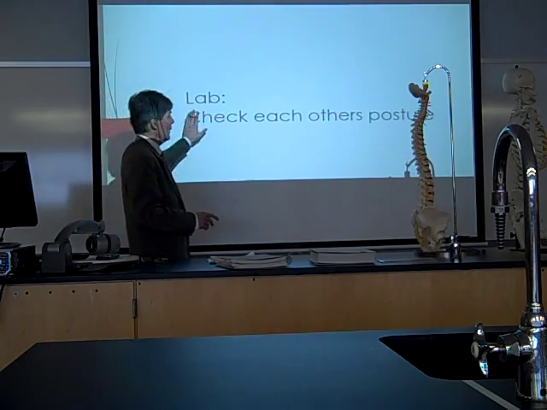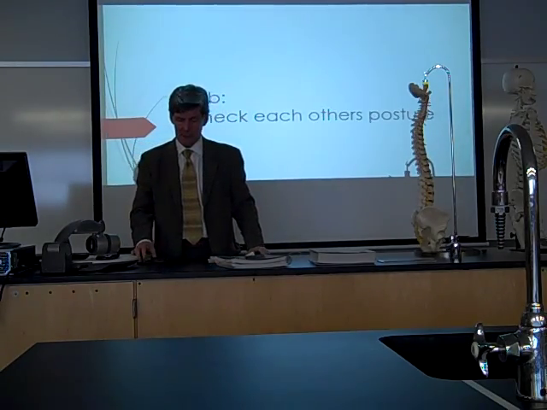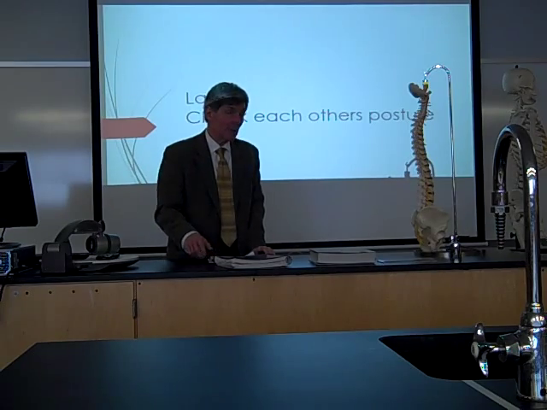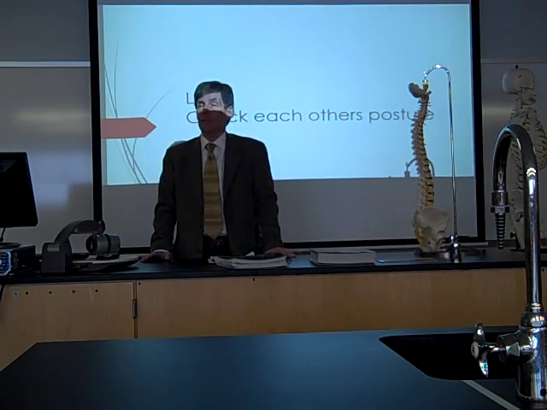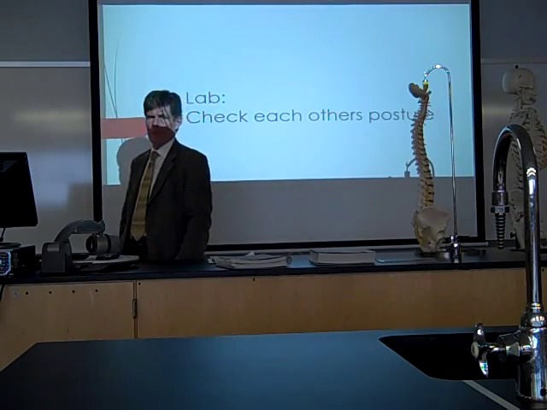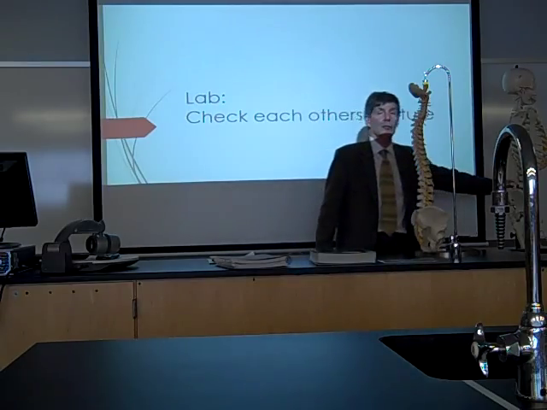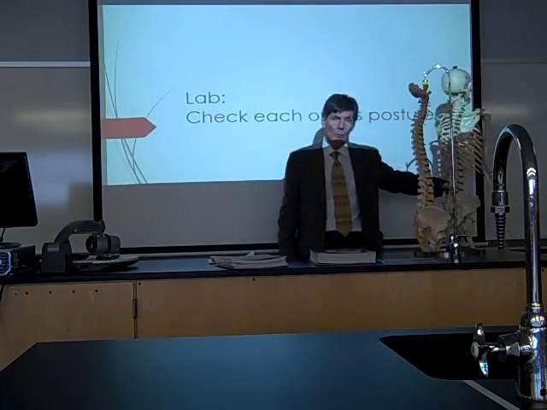We're going to start with a lab. I'm going to have you partner up with another doc here. And what you're going to do is check each other's posture. So the question is, how do I do this? Well, I want you to stand behind the patient, who is your partner.